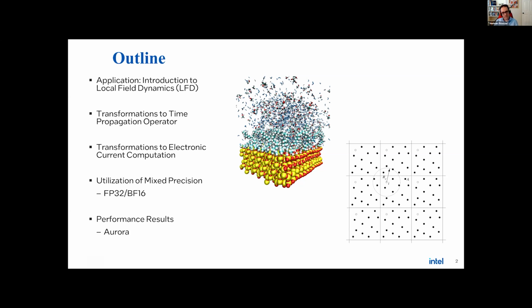That is to say, we have FP32 for the majority of our GPU-specific portion of the application, and then bfloat16 for the matrix multiplication within the CGEMs, which account for the vast majority of the flop count and compute intensive portion of the compute, rather. And then after that, I'll go over some of the performance results that we have on Aurora, and then where we hope to go from here.